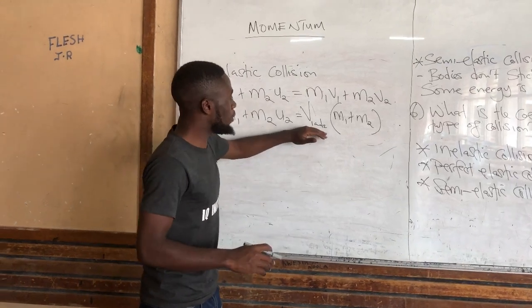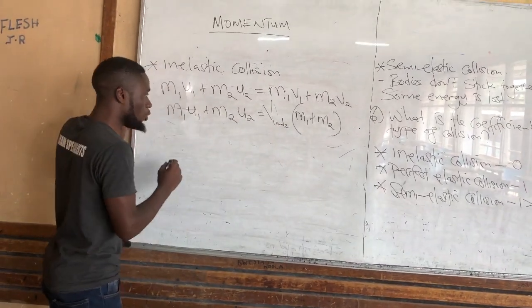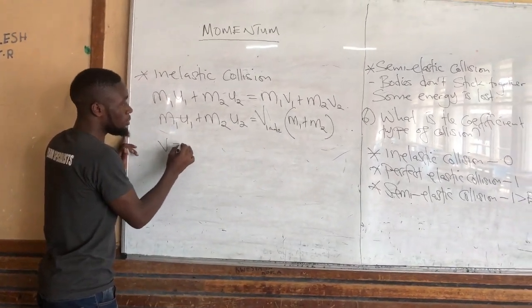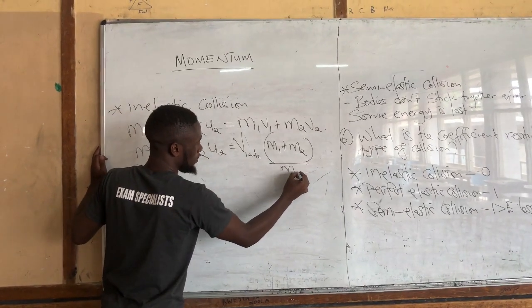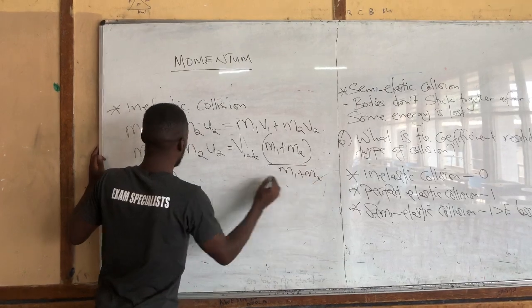So when you want to find this velocity, just make v the subject of the formula. You divide both sides by m1 plus m2.